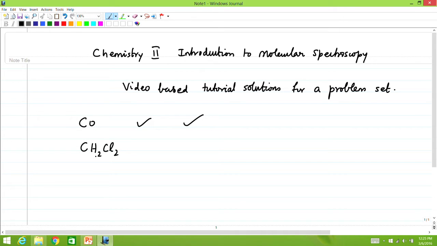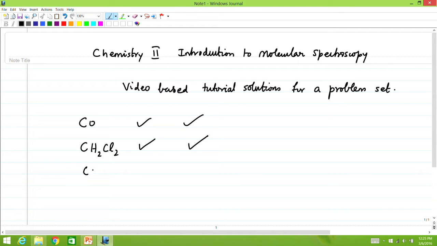This is a tetrahedral molecule, and it has a permanent dipole moment due to the C-Cl bond having an electric dipole different from that of the CH2, and therefore this molecule also has both microwave spectrum and infrared spectrum.